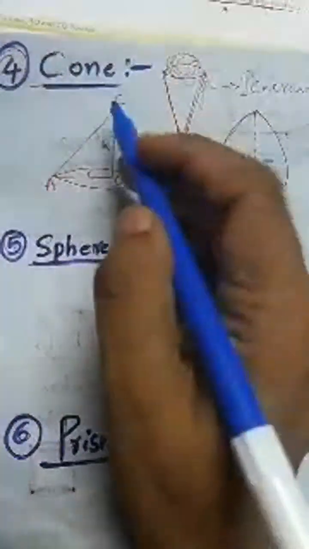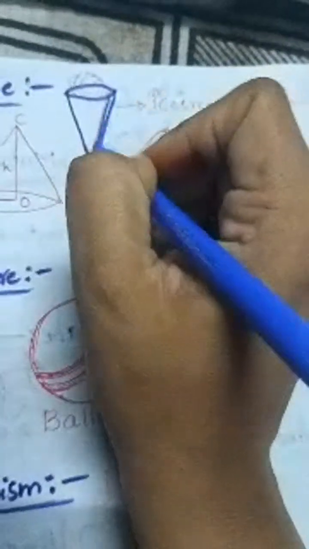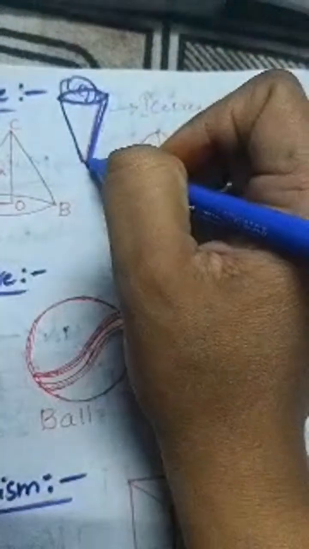Now come to the cone. We have cone shaped, we always see the cone shape. For example, in our daily life we see a cone like an ice cream cone. Take an ice cream cone, it is like this only, a cone shape.